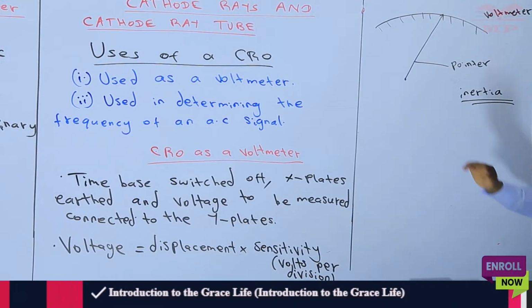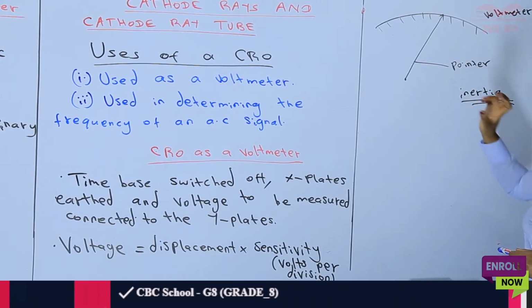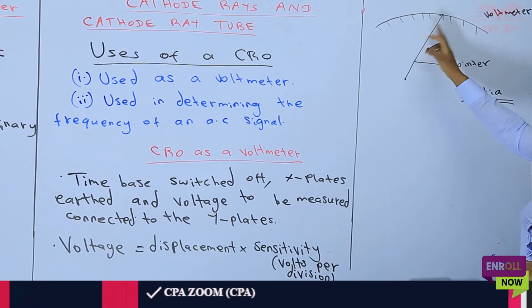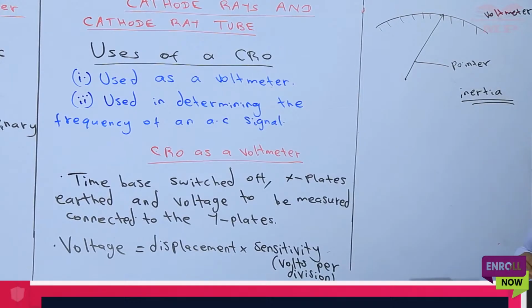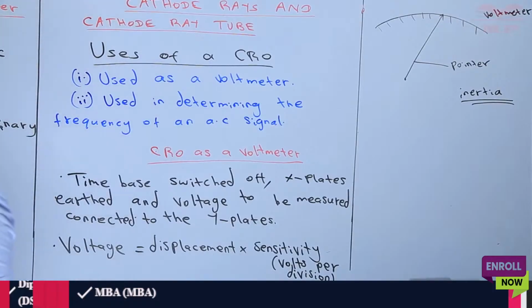But a CRO is not affected by inertia, and therefore the reading will just be read directly instead of the pointer having to swing about the point where the reading is to be taken. So that is another advantage of a CRO.